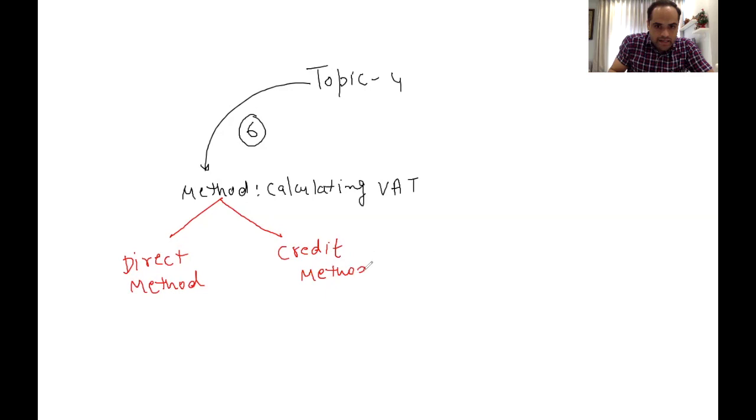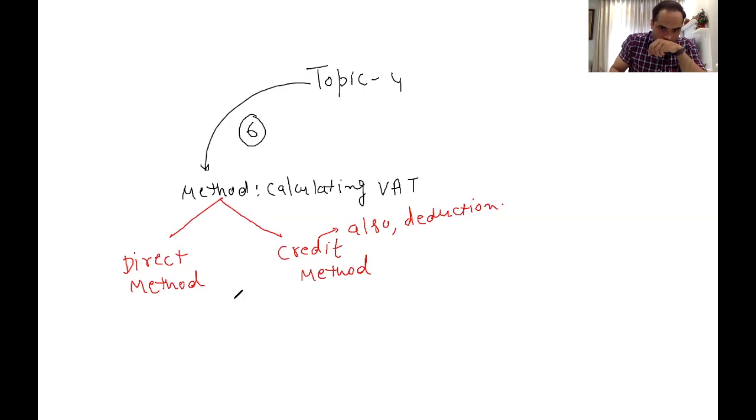Again, as I said, there's another name for the credit method. We also call it the deduction method, because we're going to deduct the input tax in that item. Okay. So now the direct method.